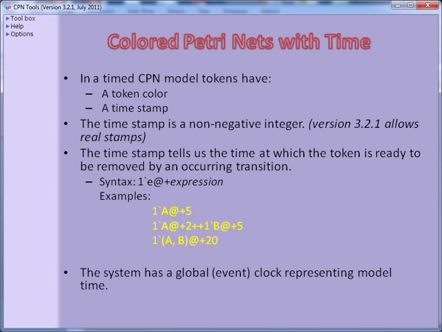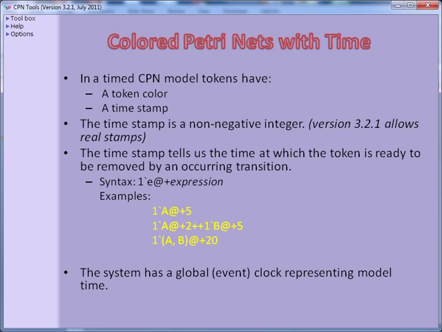When we say this becomes available, there must be a reference clock that we look at while determining whether a token is available or not. Therefore, we have this notion of a global or event clock that represents the model time, and every token's stamp will be compared with this event clock to determine if that token is available or not.